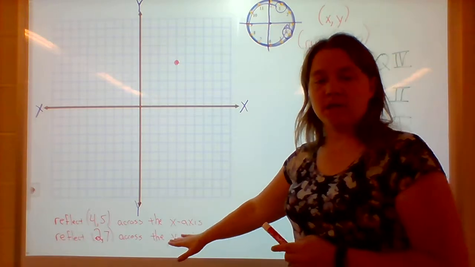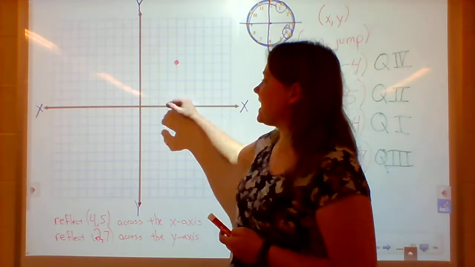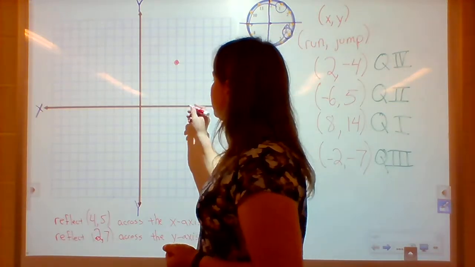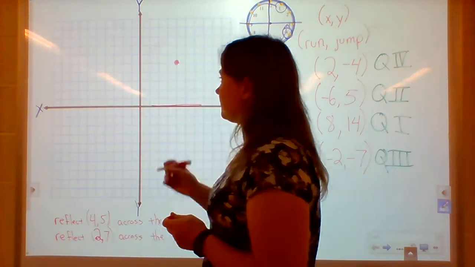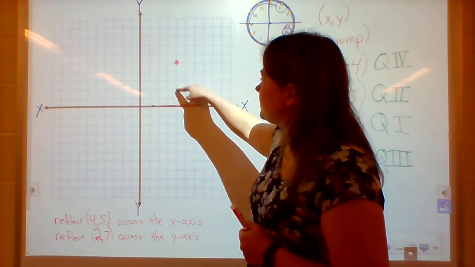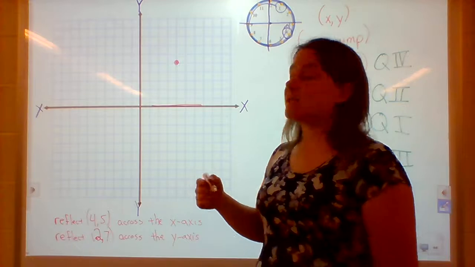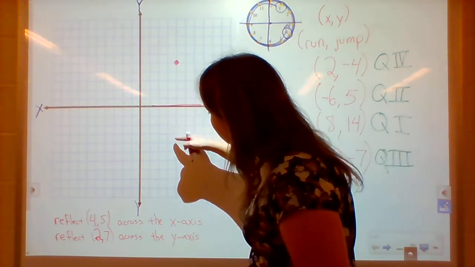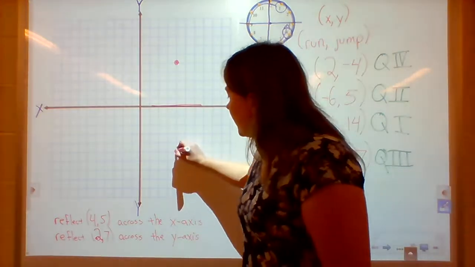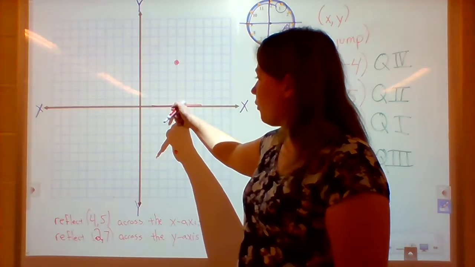Great. And the problem is asking me to reflect that point across the x-axis, which means the x-axis is going to be a mirror for it. So I'm going to imagine that this right here is a mirror. And if right now this point is 1, 2, 3, 4, 5 spots away from the mirror, that means when it's reflected, it's also going to be 1, 2, 3, 4, 5 spots away from the mirror. So when I figure out where that point is now, it's still 4 down the x.